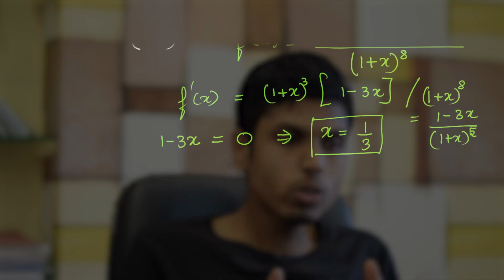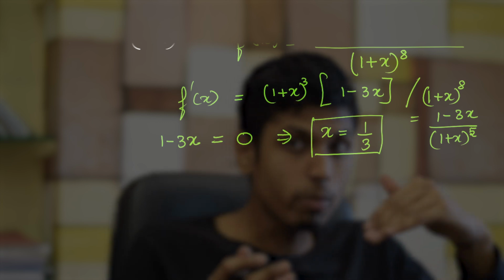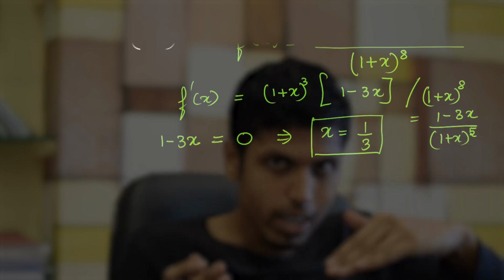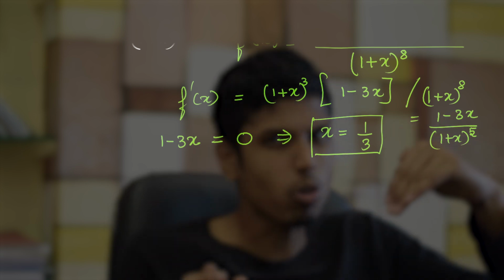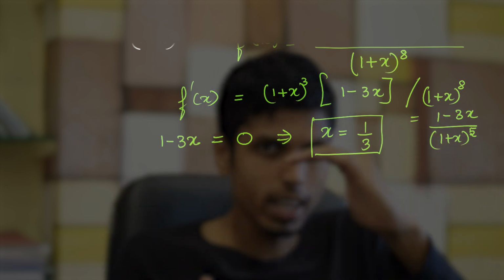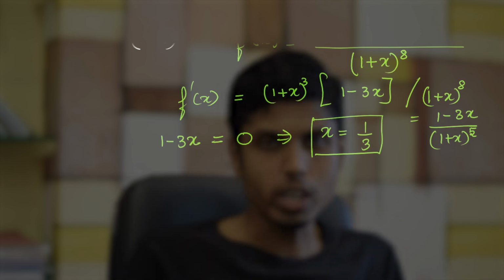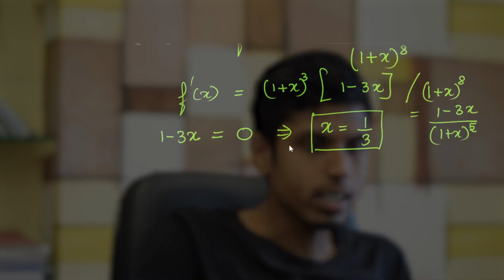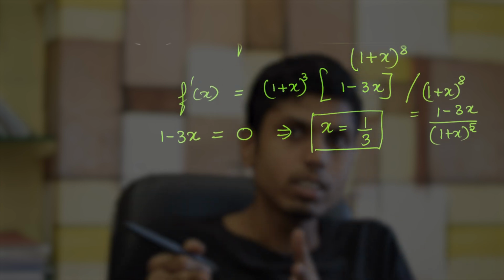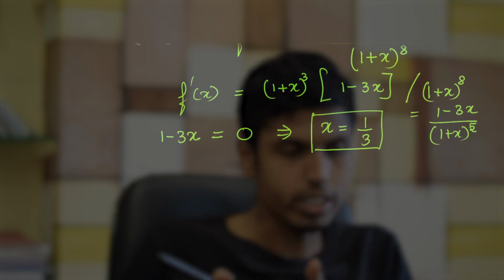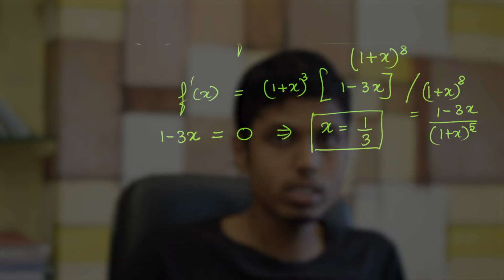But we are not sure whether this turn is a local minima, that is curving like this, which looks like some convex function, or curving like this, which looks like a concave function. In order to determine that, we can again analyze the function obtained after differentiating, which is (1 minus 3x) upon (1 plus x) whole power 5.